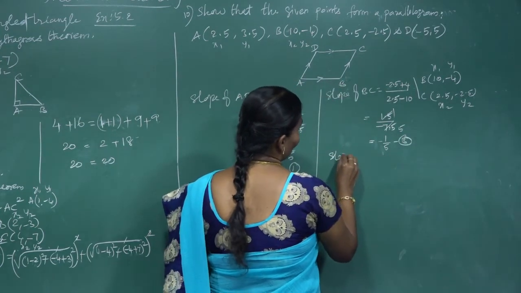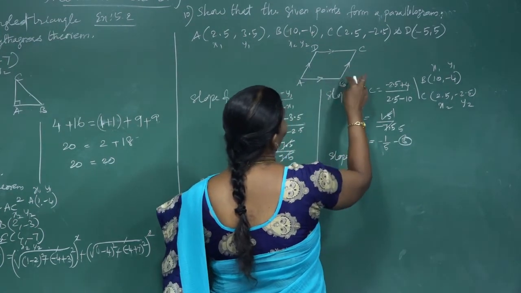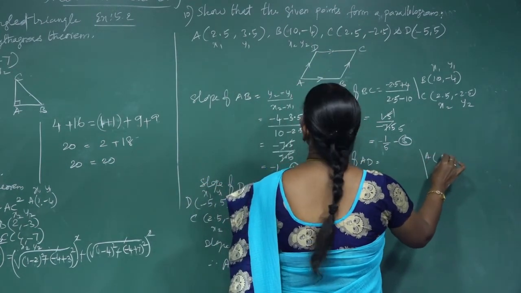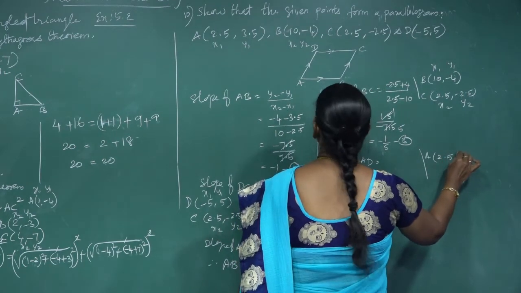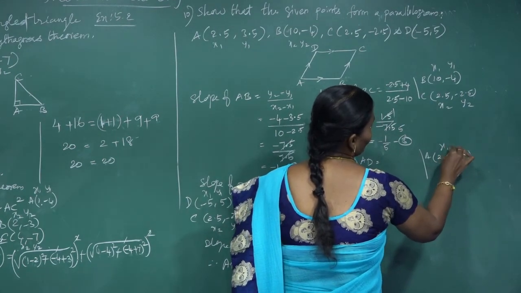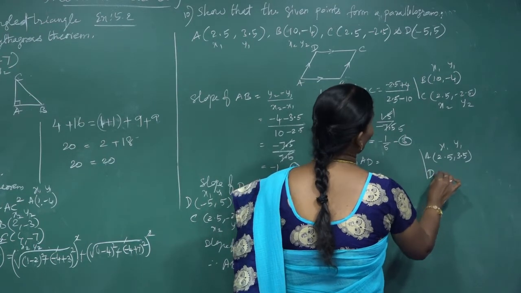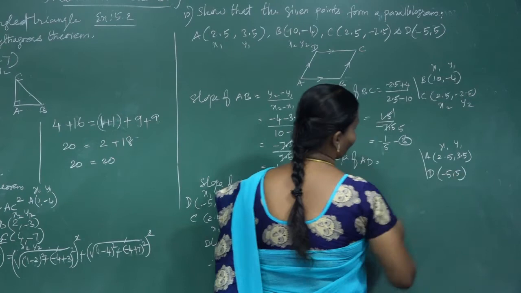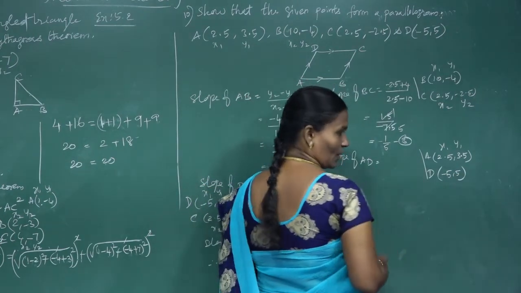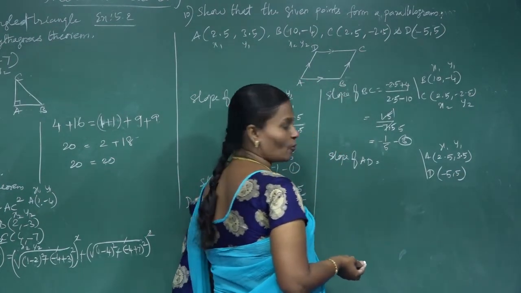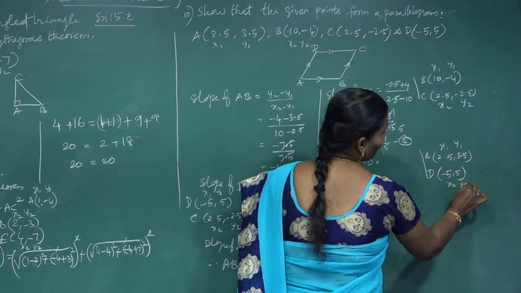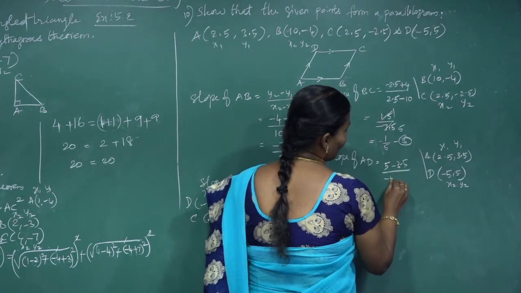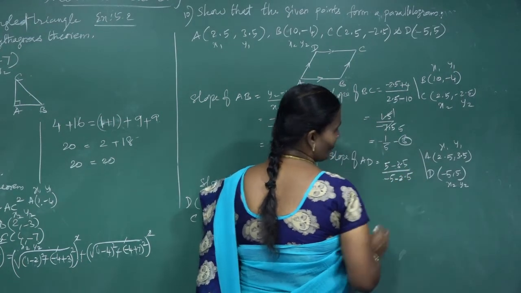Now find out the slope of AD. What is the A point? A is 2.5 comma 3.5. Consider this x1, y1. Then D is minus 5 comma 5. The same formula here also we apply, y2 minus y1 by x2 minus x1. So y2, 5 minus 3.5, by minus 5 minus 2.5.